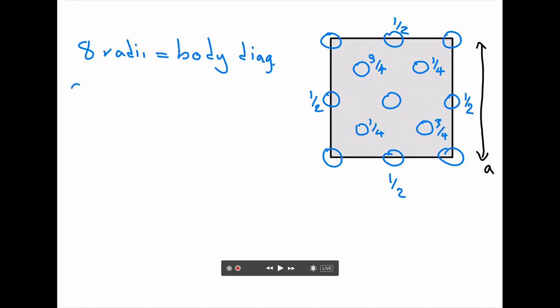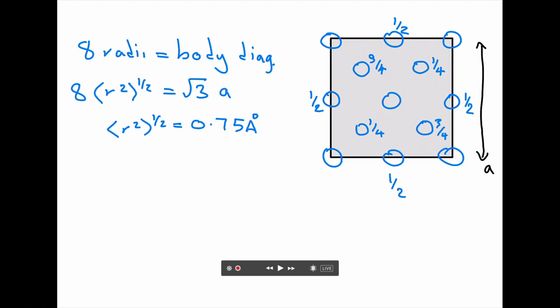So that means 8 times, and let's associate this with the radius, and the body diagonal will be √3 lots of A. Okay, so this tells me that the radius, √3 A over 8, if I plug the numbers in, I get about 0.75 angstroms. Okay. What else do I know?